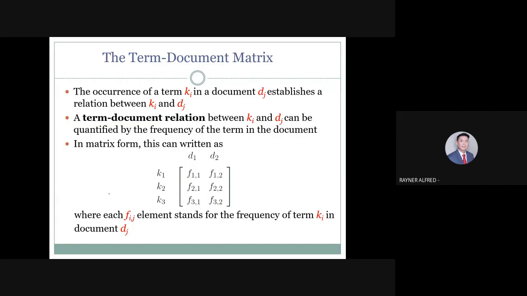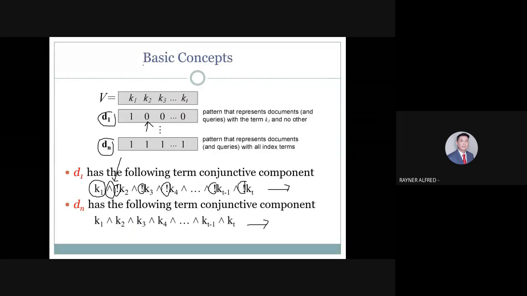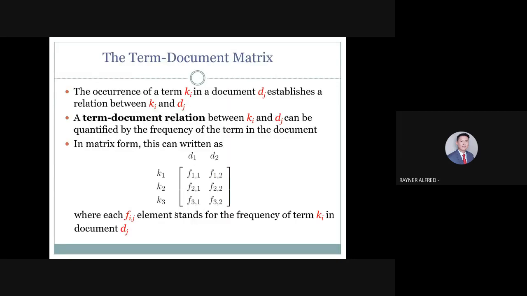Okay? So when we convert this into a matrix, we will have something like this. This is keyword number 1, keyword number 3, and so on. This is document number 1, document number 2. So this indicates the frequency of this term in document 1.